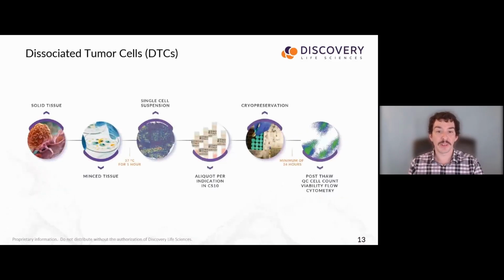Once there, they are carefully and proficiently processed through a proprietary enzymatic and mechanical dissociation procedure. We cryopreserve the isolated cell populations of the tumor microenvironment and perform post-thaw QC viability and yield counts.